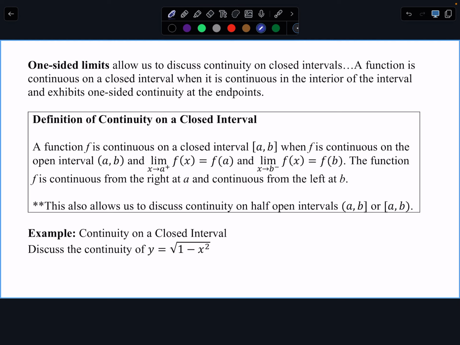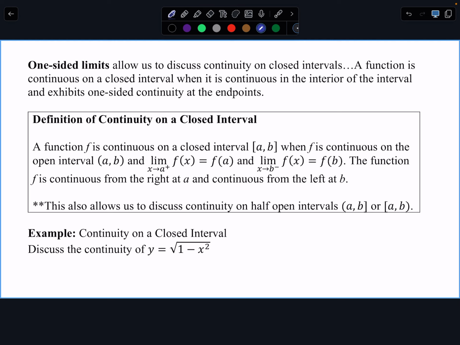You know what they are, right? Left-hand limits, right-hand limits. They help us with determining if the limit exists or not. But they're also going to allow us to discuss continuity on closed intervals. More specifically, they'll allow us to discuss continuity at the endpoints of intervals.